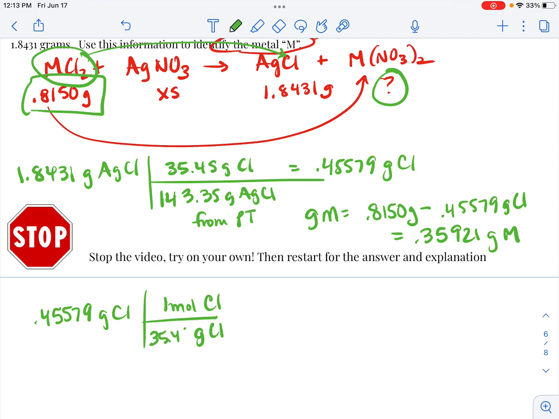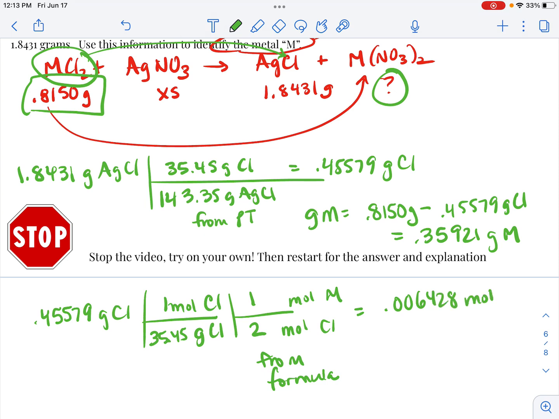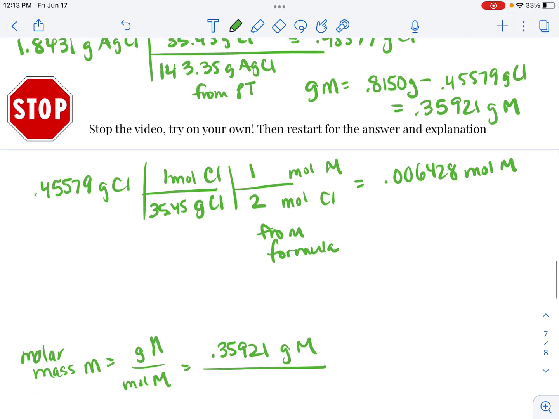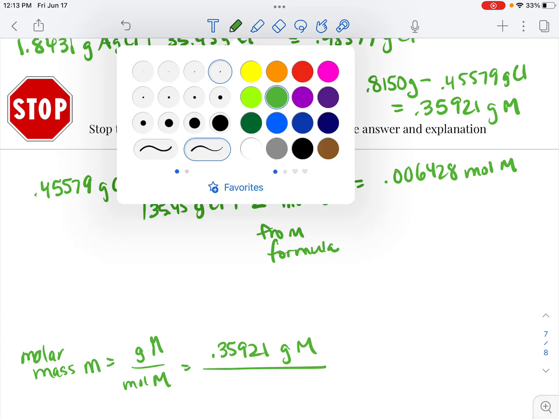And that's 35.45 from the periodic table. And then moles of Cl to moles of M. And this is going to come from the formula. We know that it's MCl2, so that means that we have 1 M for every 2 moles of Cl. And when I do that, I get 0.006428 moles of M.